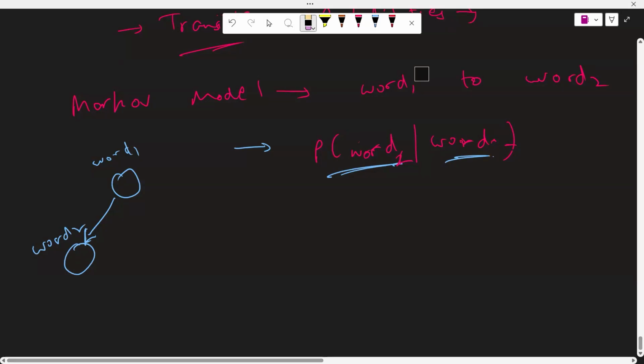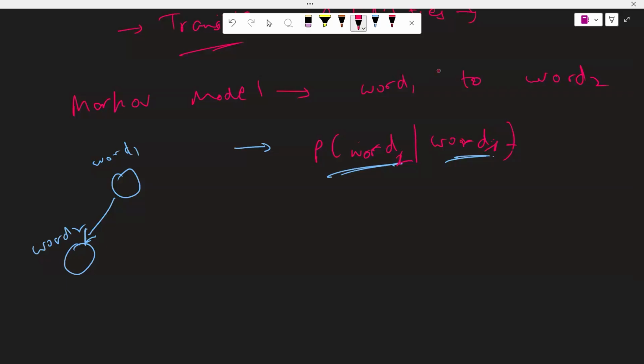I just wanted to reverse this. So given that you are at word one, what is the probability that you can go to word two? Let's say you are at a particular word, what is the probability that you can move to the next one, right? So word two, given you are at word one.